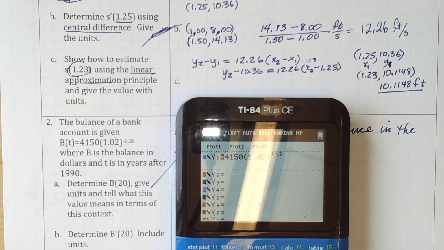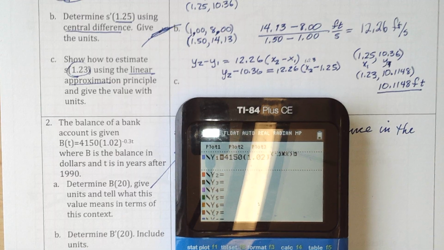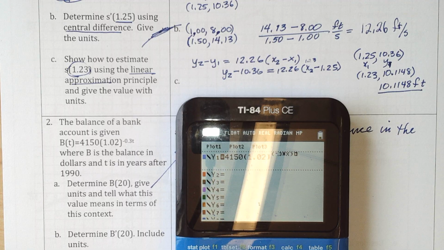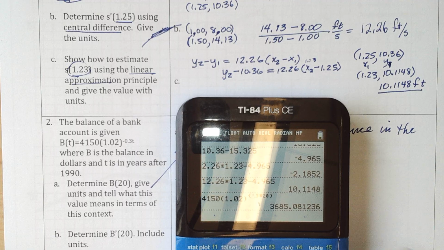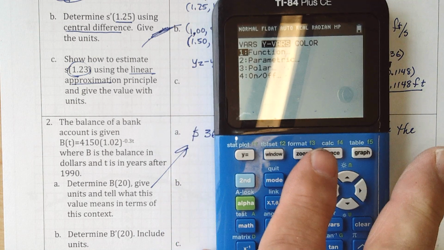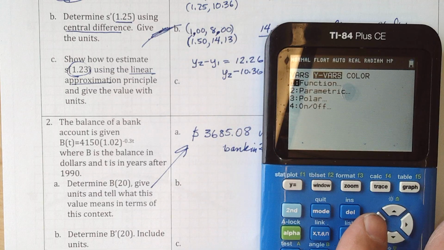Minus 0.3 times, I'm going to put an x there for the variable. And now, since it's all in there, I can quit and I can go to my home screen and just say, okay, vars, y variables.